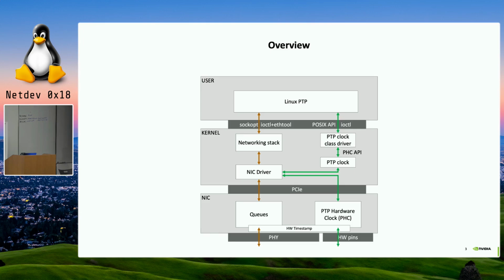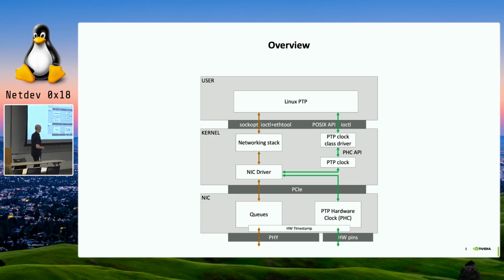It will talk to the networking stack to enable timestamping in the hardware and also get the capabilities of the device, then receive the timestamps along with the packet. On the other hand, we have the PTP clock class driver, which is a translation layer between our PTP clock driver that's specific to our hardware and the POSIX clock API that we will introduce a bit later.